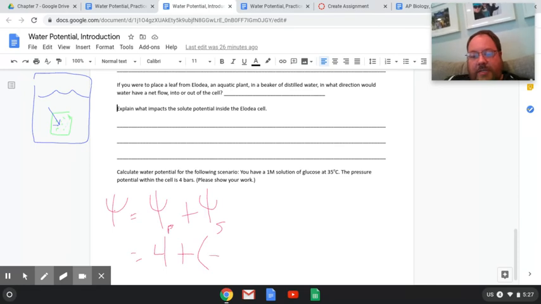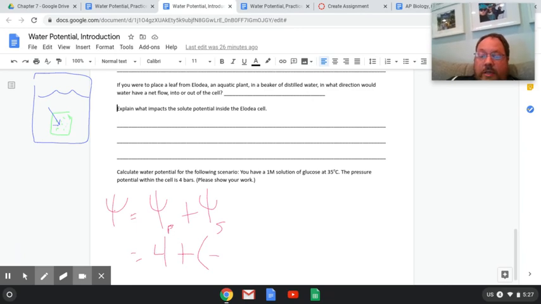So it's minus i, which is your ionization constant. That's the number of particles it'll form. That ionization constant is 1 because it's glucose, right? So glucose forms 1 particle, so that'll be 1. Your concentration is 1 molar.